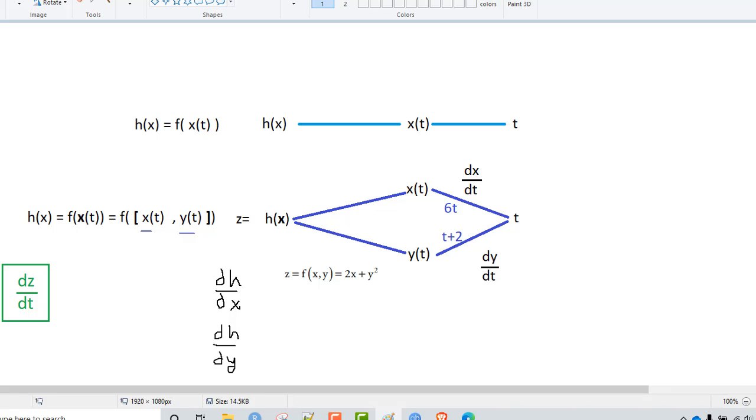So if we recall the chain rule in this case, I'll write it here. But before I do that, let me also call this z for this example. So z is that, and then the chain rule in this case for this simpler example, where there weren't two intermediate variables, was what? Let's recall that. So this was the original answer. This was the chain rule, the original chain rule.